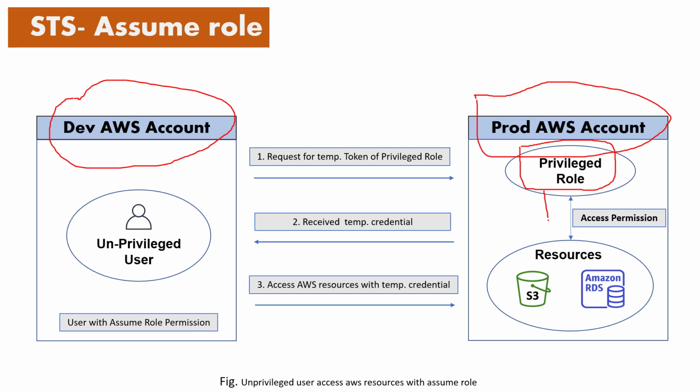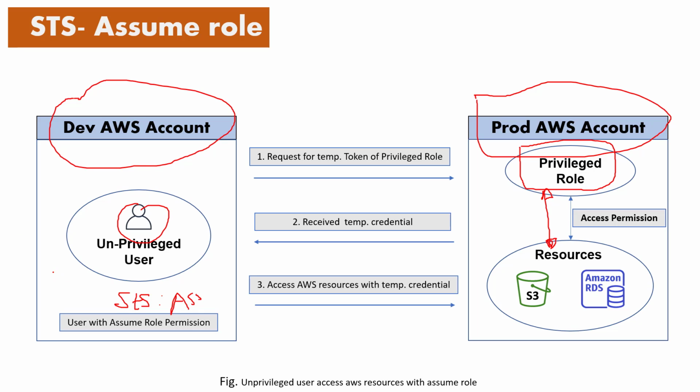This role has full access, or restricted access, or the access which you need on these resources in the production account. On the other hand, this user has STS assume role permissions set to it. That means this user can assume roles.